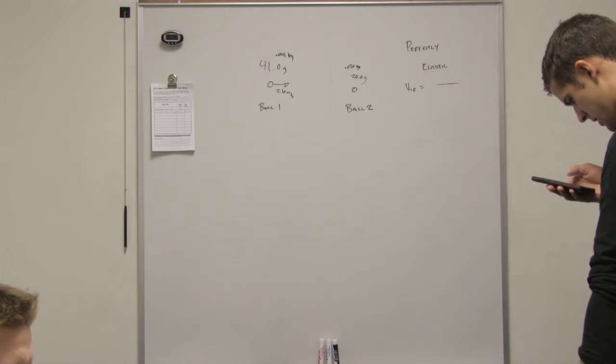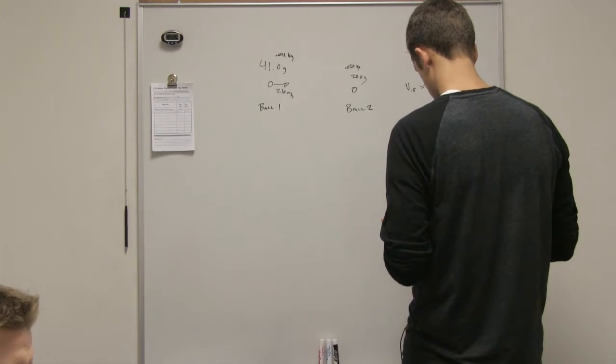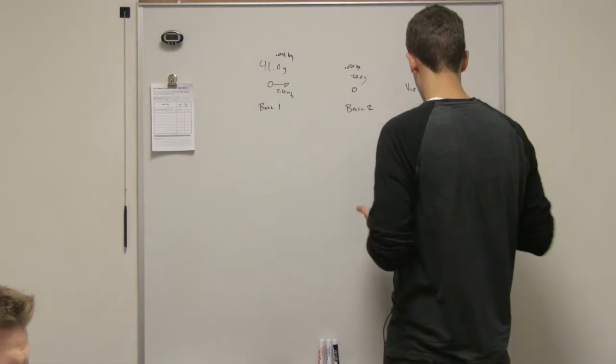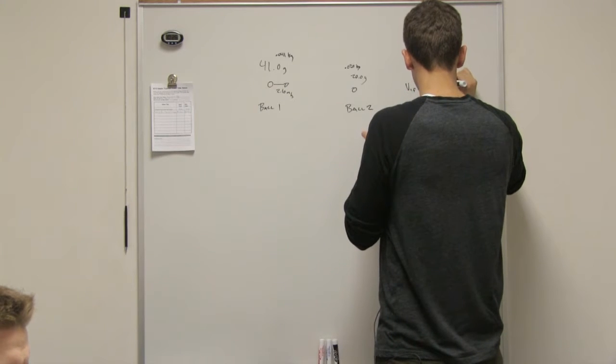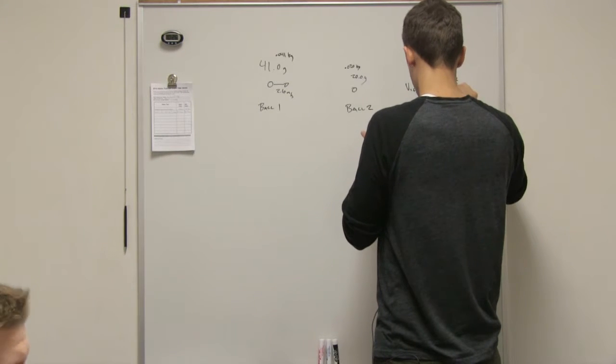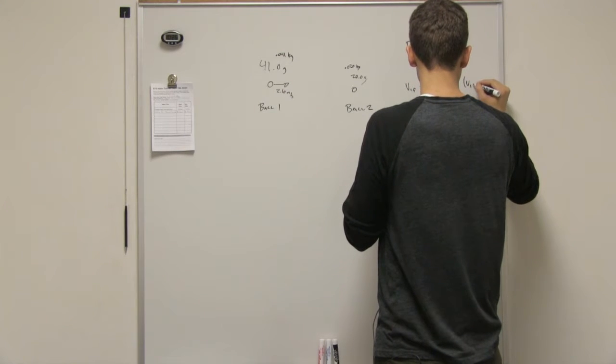Okay, so here it is. V1 final is going to be equal to M1 minus M2 all over M1 plus M2 times V1 initial.